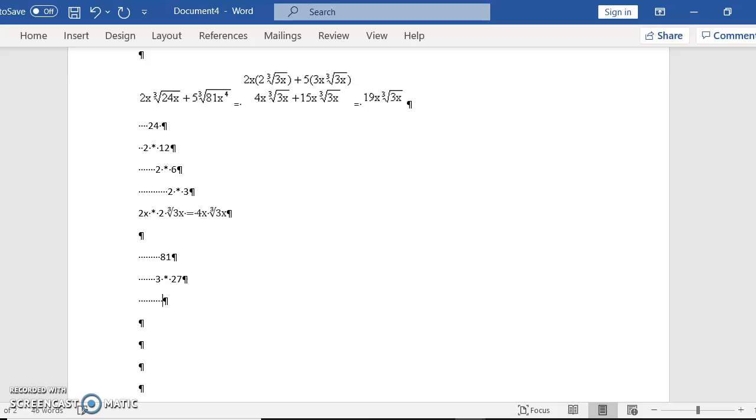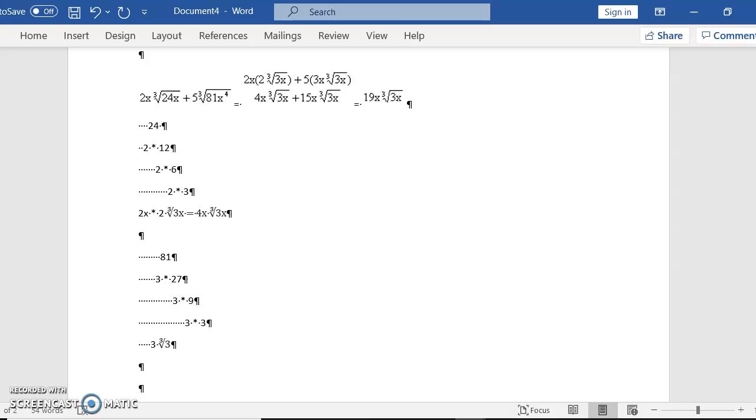Then you have 3 times 9, and 9 can be broken down into 3 times 3. I was thinking of it as a square root, not a cube root, so that was my mistake. All right, so 3 times 3 times 3 is 27. The cube root of 27 is 3, and then I have the cube root of 3.